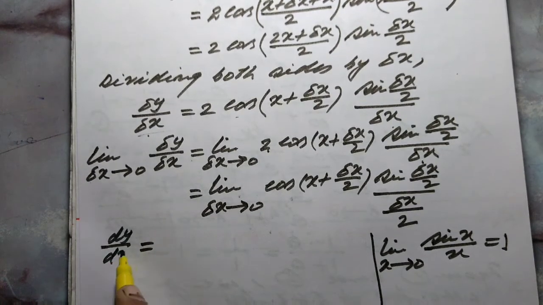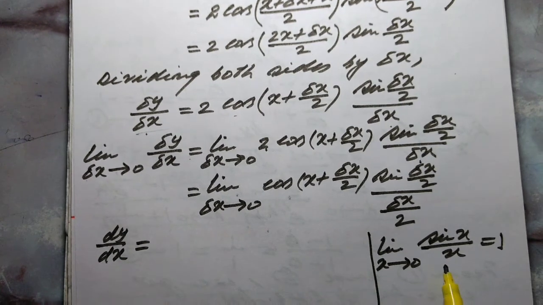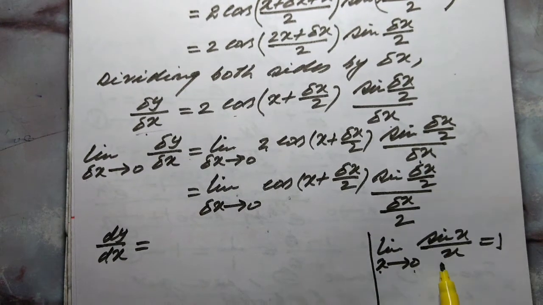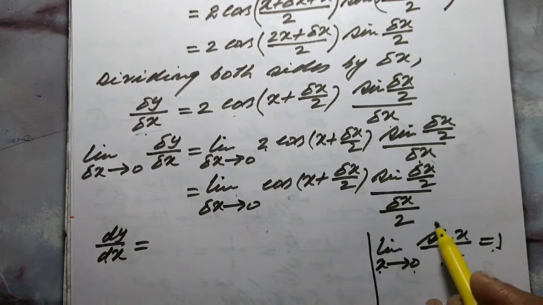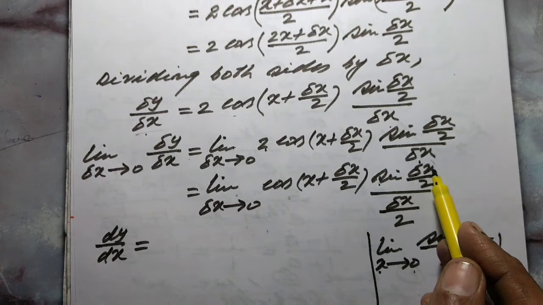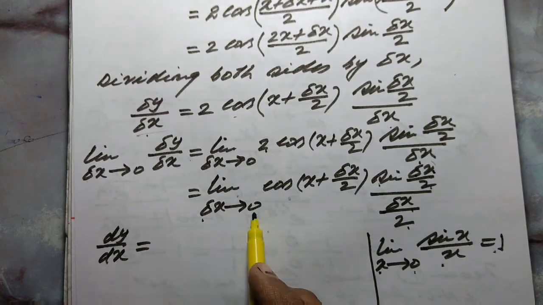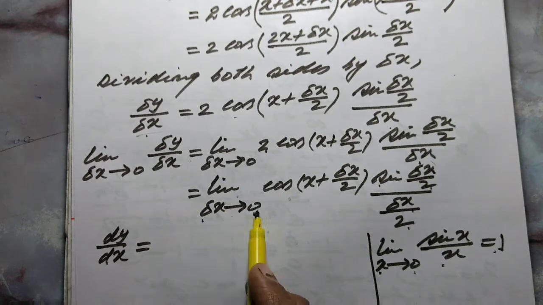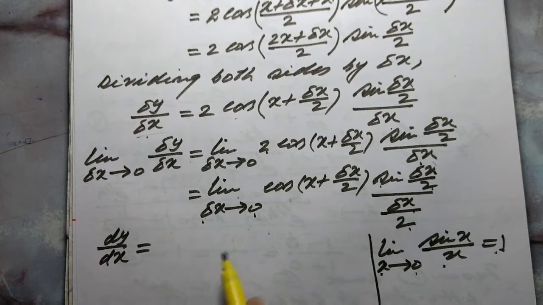So we write dy upon dx on the left hand side, and on the right hand side, applying this particular limit when x tends to 0, sine x upon x is equal to 1. Same structure we have here, sine delta x upon 2 upon delta x upon 2, where delta x tends to 0, because if delta x tends to 0, then delta x upon 2 must also tend to 0.